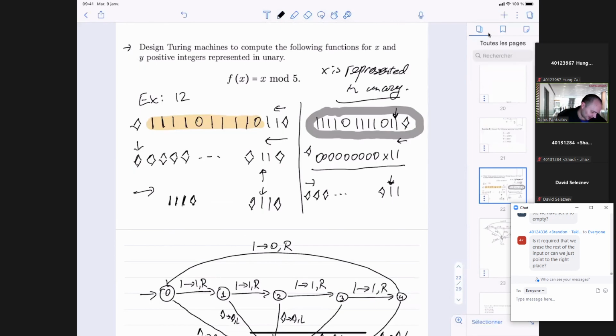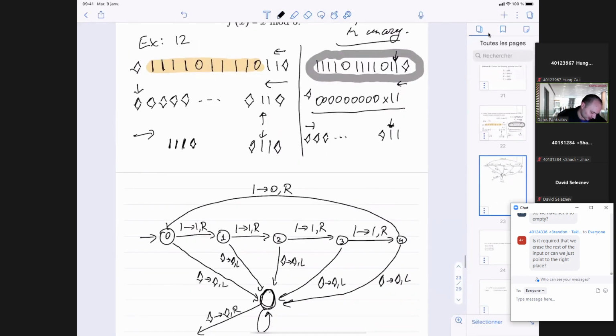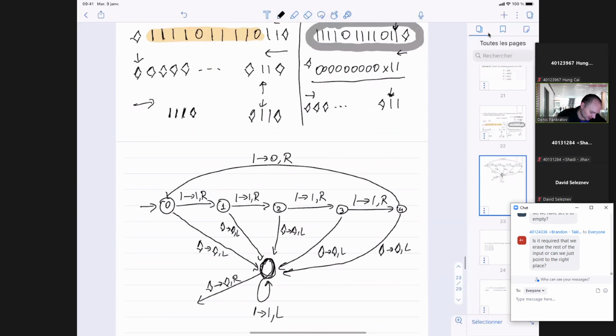We would reach a blank. We would transition to this state. And in this state, we start traveling to the left. And we encounter another blank. And this happens if and only if the integer that we started with was less than 5. In which case, we go to the right, and it is its own modulus. So we accept.